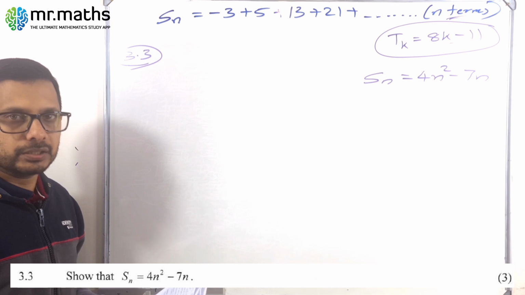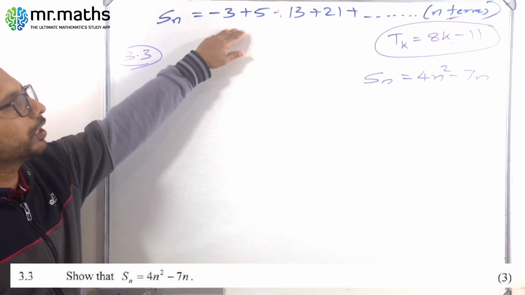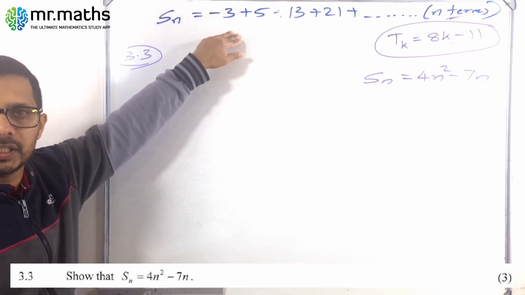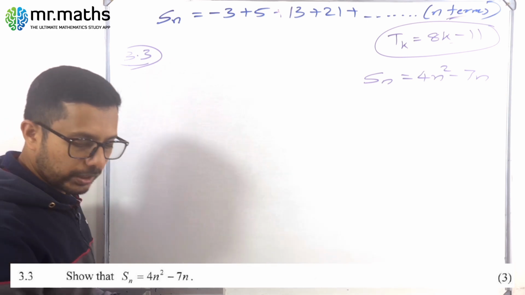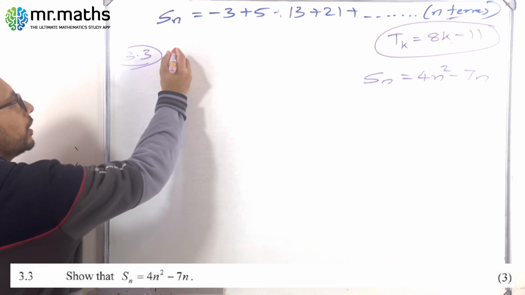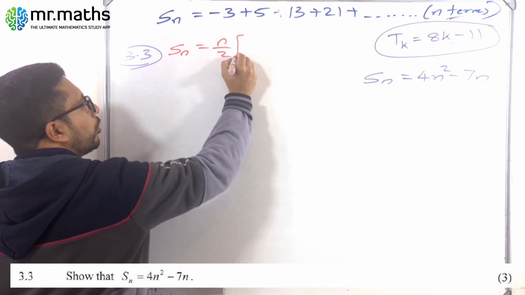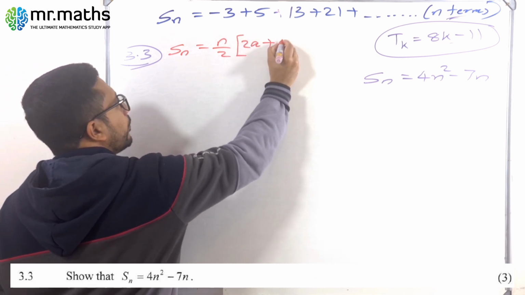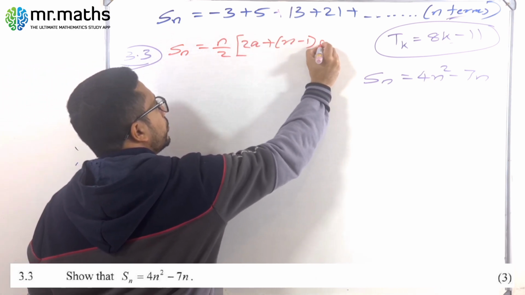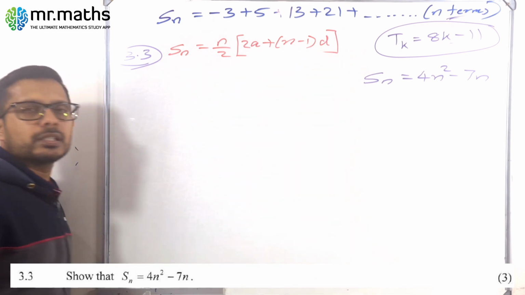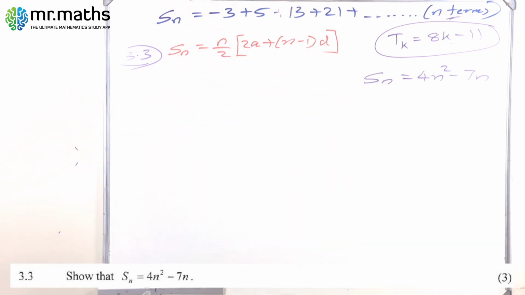Sum, am I right? Sum of what type of sequence is this? Arithmetic sequence. What is the formula to find the sum of an arithmetic sequence? Sn is equal to n over 2 into, I hope you know this formula, 2a plus n minus 1 into d.